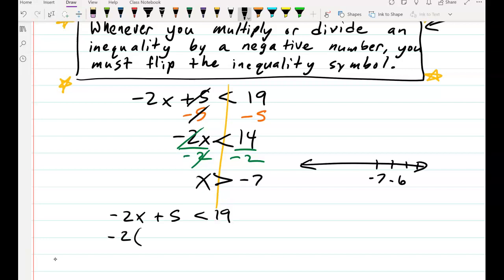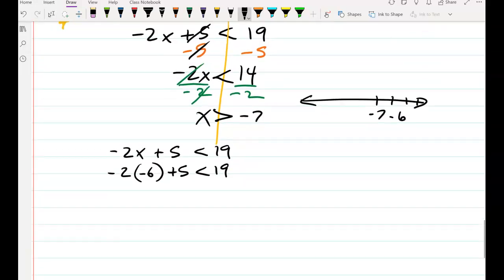So negative 2 times, and we're going to pick negative 6, like I said, plus 5, is that less than 19? Negative 2 times negative 6 is positive 12, plus 5, is that less than 19? Well, 12 plus 5 is 17. 17 is less than 19. So it works. The golden rule.